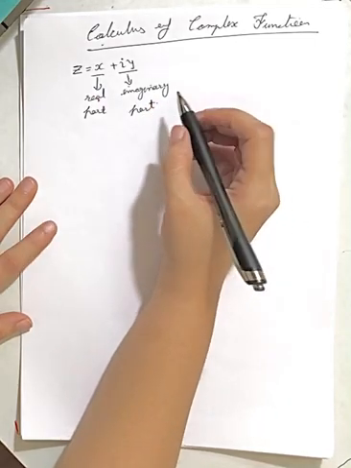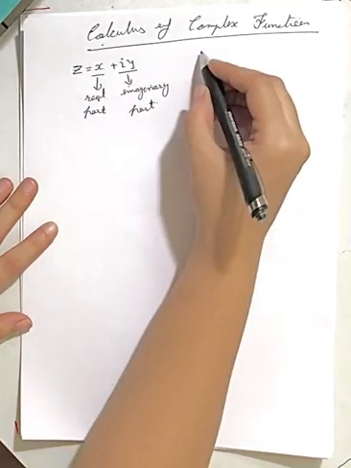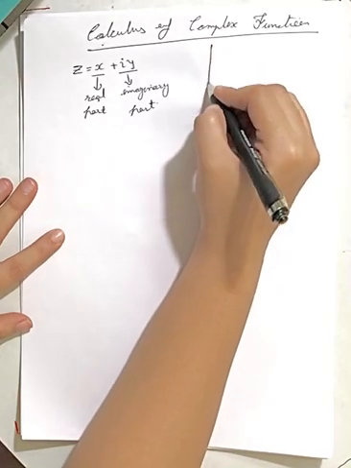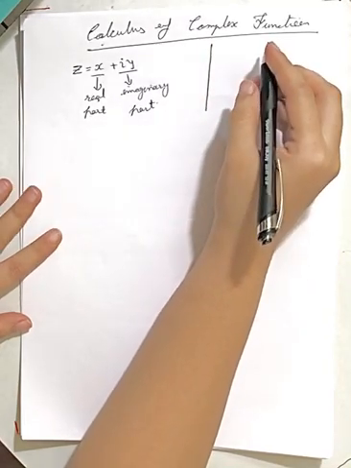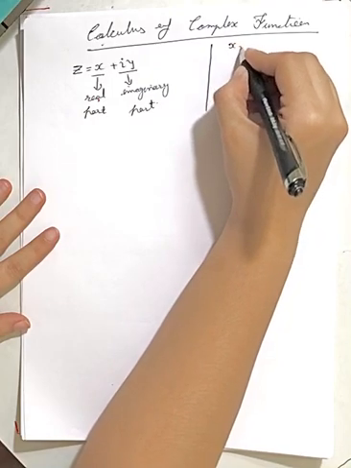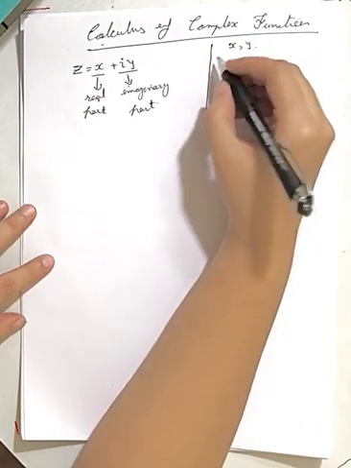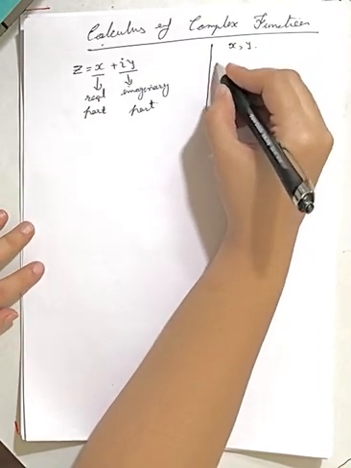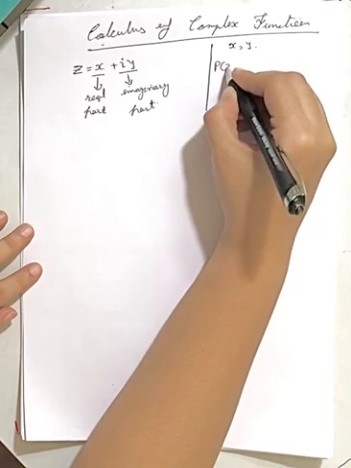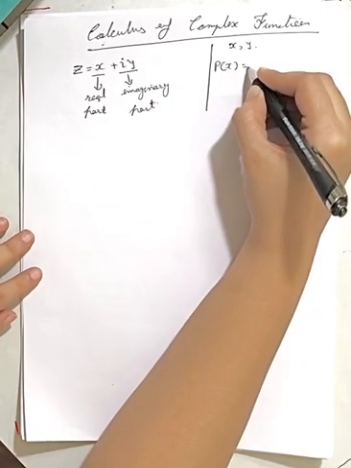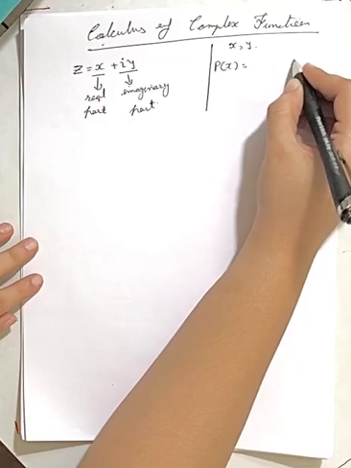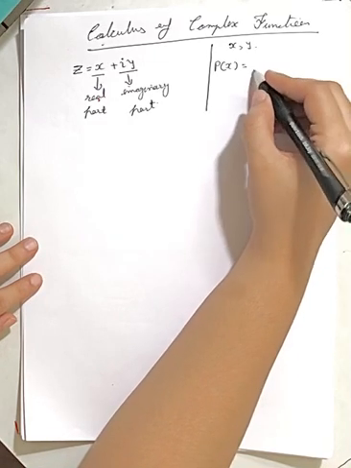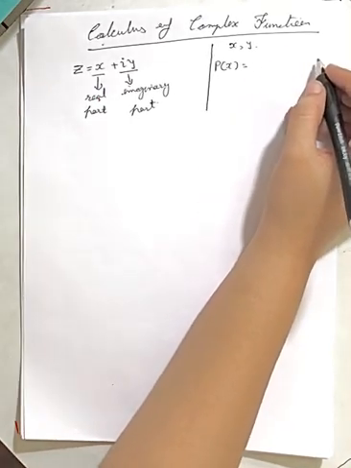Just like in normal algebra we studied x and y being variables, and then when we studied polynomials we defined a polynomial of x, that is p of x, and that could be anything. It could be a quadratic equation or cubic equation or any order.